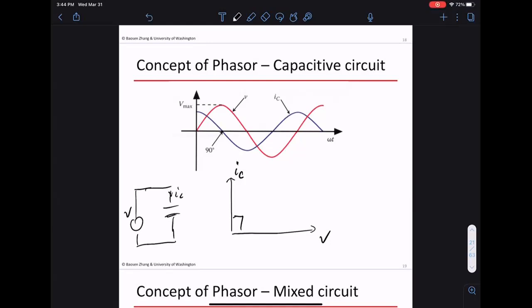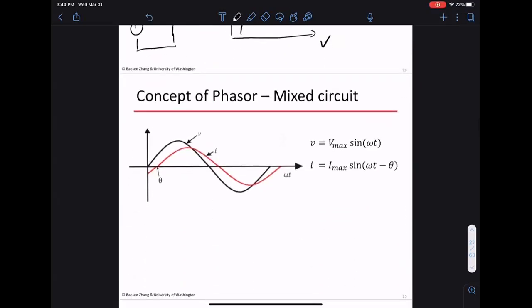Then for a mixed circuit, when you have R, L and C, the angle is not necessarily 90 degrees, it's some angle theta. So here we can draw a voltage phasor and a current phasor, and this is angle theta. Is it always lag, or are there situations in a mixed circuit where the current leads?